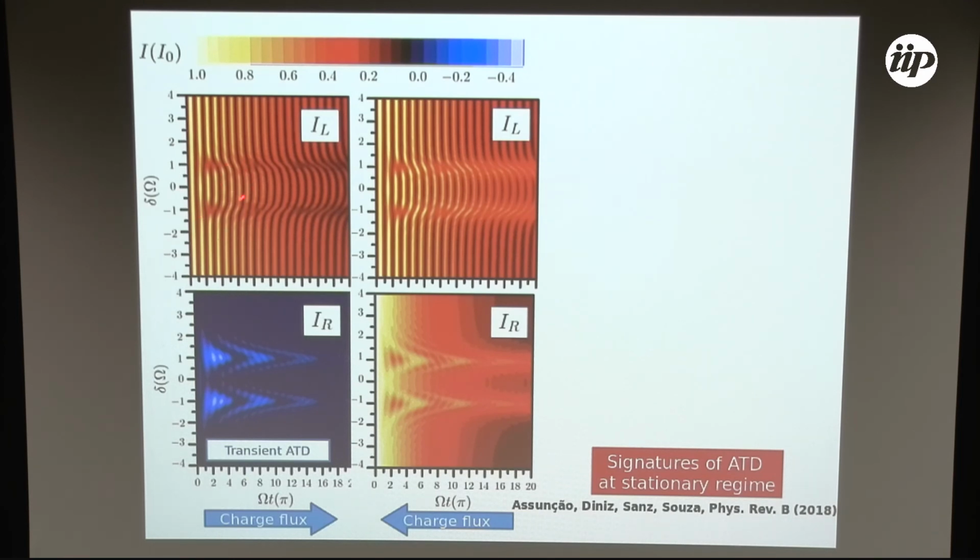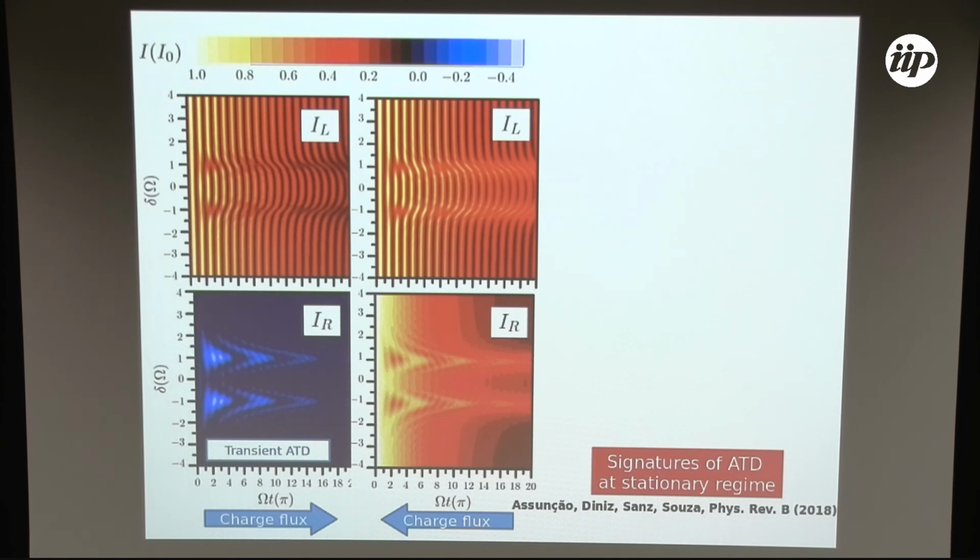Here you have the left current, which means the current on this side of the junction. You can see very fast oscillations, which are characteristic of Rabi oscillations. When you couple the valence and the conduction band using optical fields, you introduce Rabi oscillations, and this is what you see in the left side current of the junction.